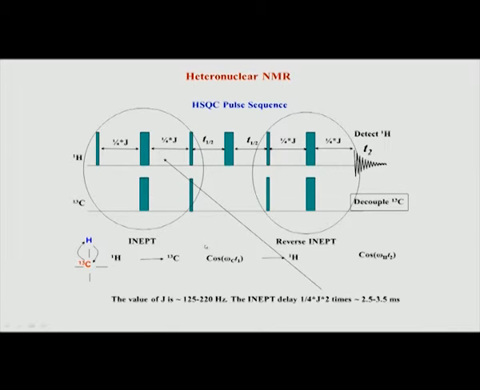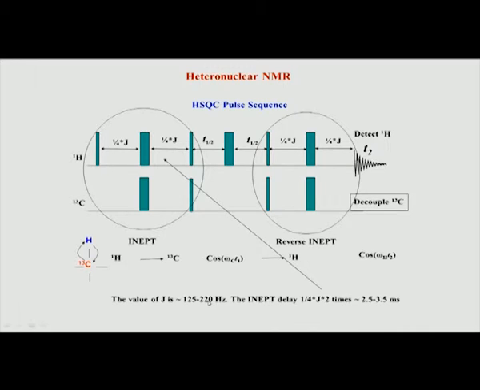Typically, this period 1 over 4 times J is chosen. J depends; J is shown here as an approximate value, for a direct hydrogen-carbon connection pair, from sp3 carbon going all the way to sp carbon.